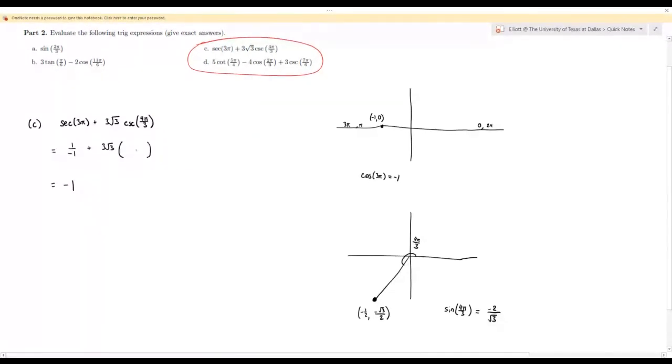So cosecant should instead be negative root 3 over 2, okay? Oh, whoops, I did that backwards. I was thinking ahead, I suppose. Sine is minus root 3 over 2, and then cosecant is the reciprocal of that, so 2 over root 3. So that's my bad, I was thinking ahead.